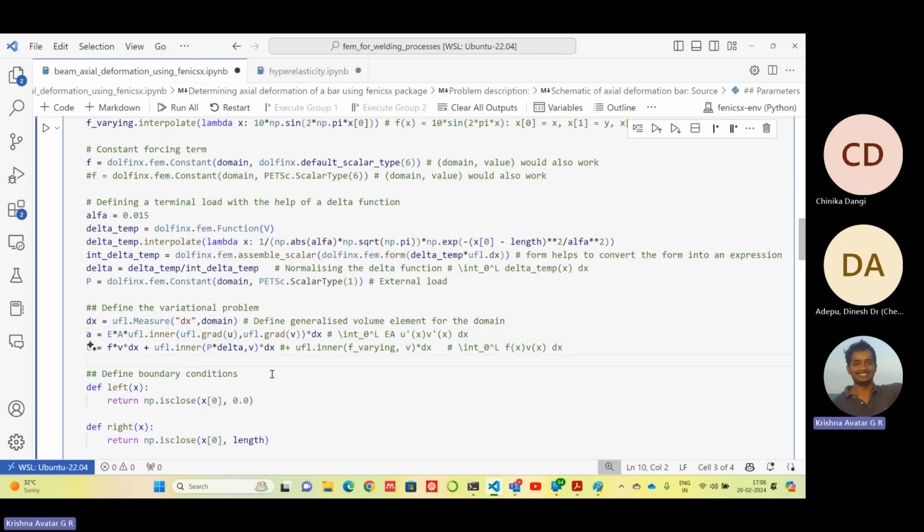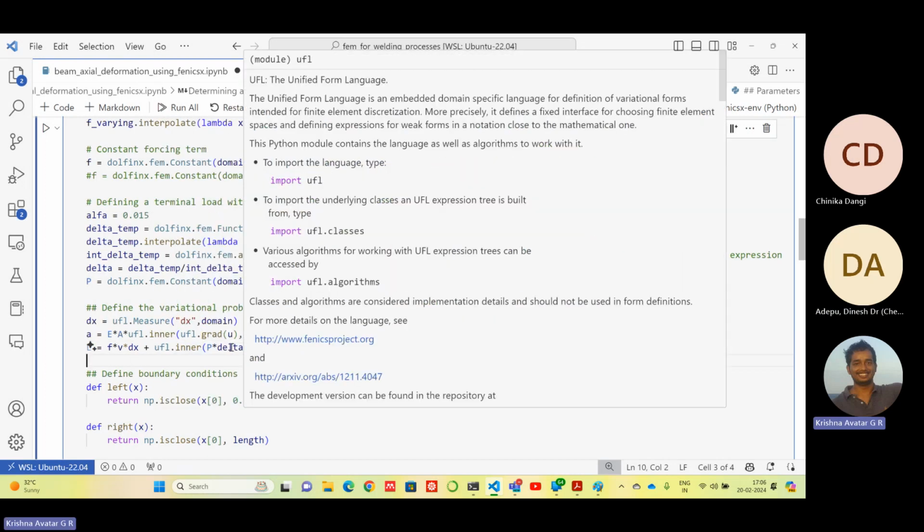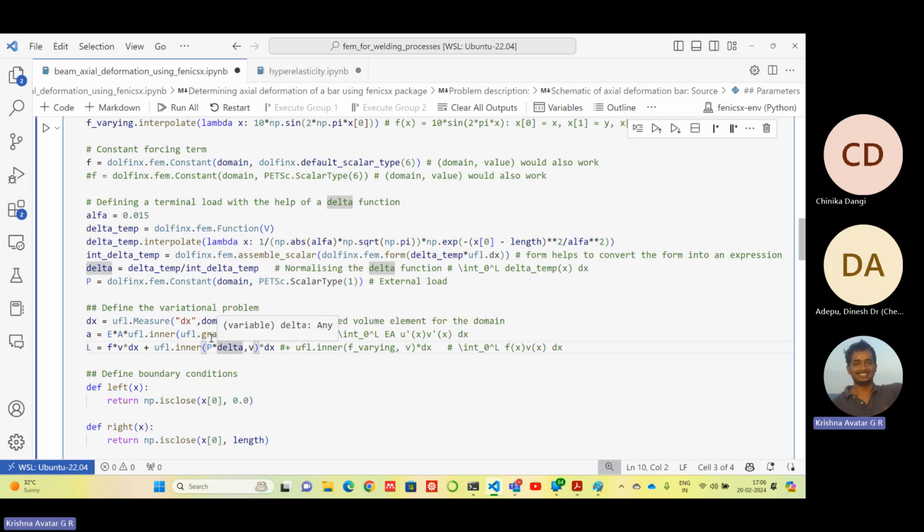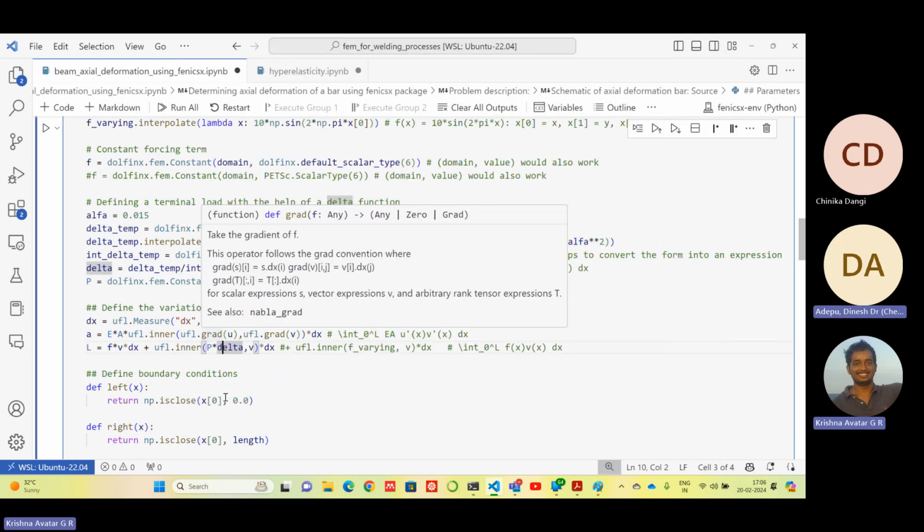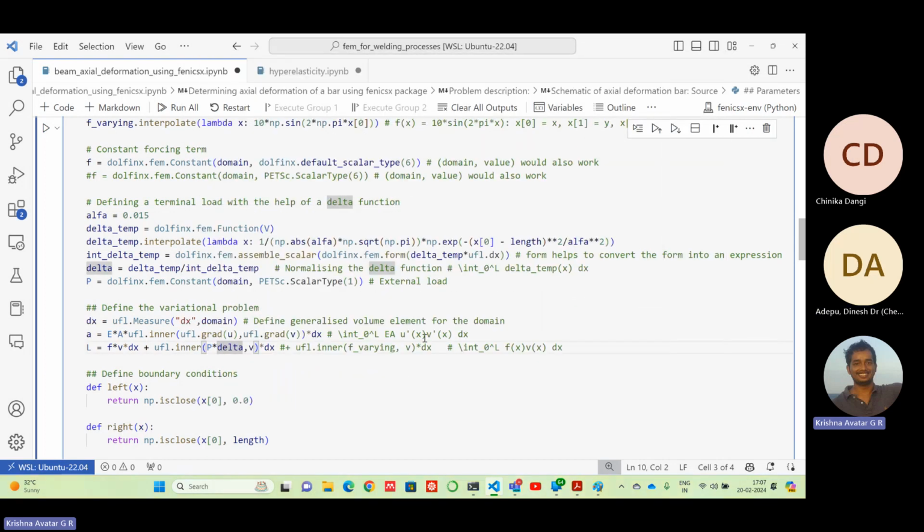The second thing is our bilinear form: a is equal to EA into ufl.inner(ufl.grad(u), ufl.grad(v)). So we are defining the gradient of u and gradient of v. In 1D, the gradient of u is equivalent to u prime of x, and likewise the grad of v is equivalent to v prime of x. So this we have defined.